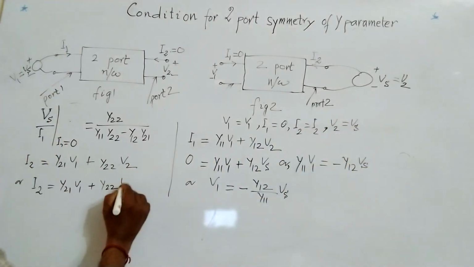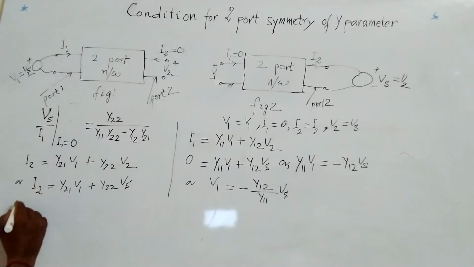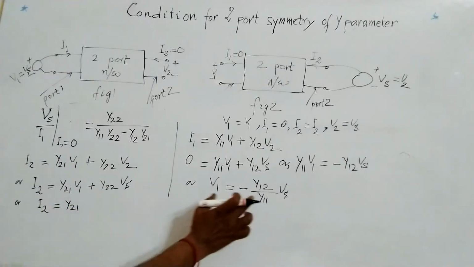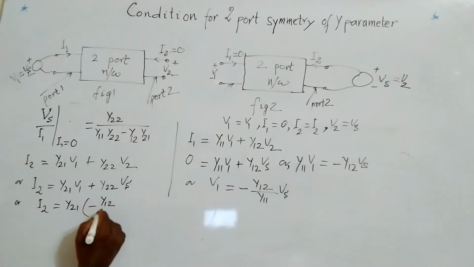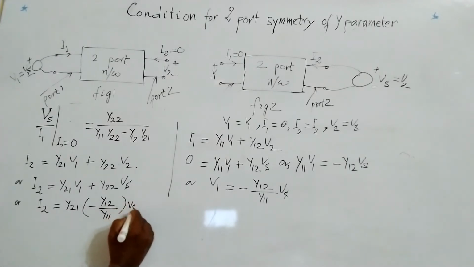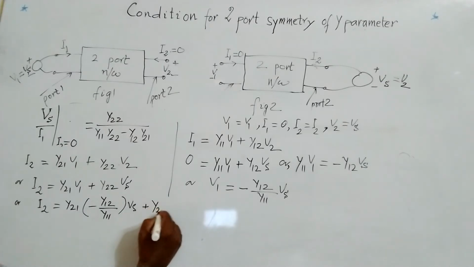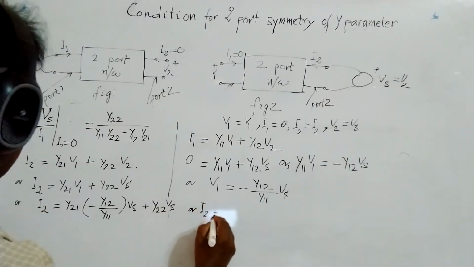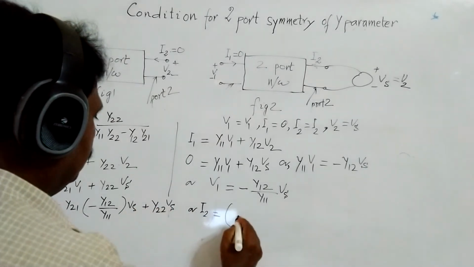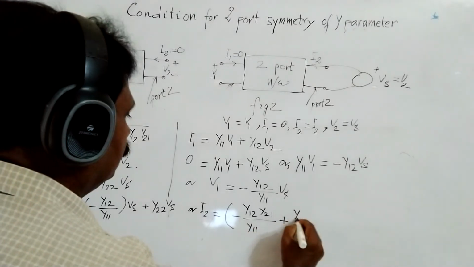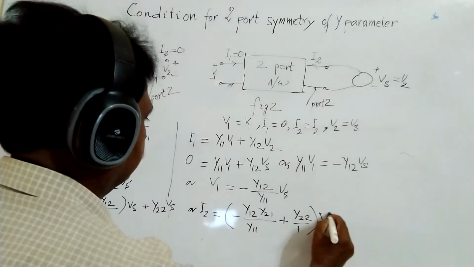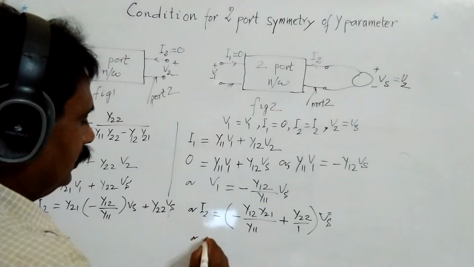Now put the values: I2 equal to y21 into V1 plus y22 into V2, where V2 is Vs. The value of V1 is minus y12 by y11 into Vs, and this value is y22 into Vs. Now this becomes I2 equal to, taking Vs common, minus y12 y21 divided by y11 plus y22, into Vs.